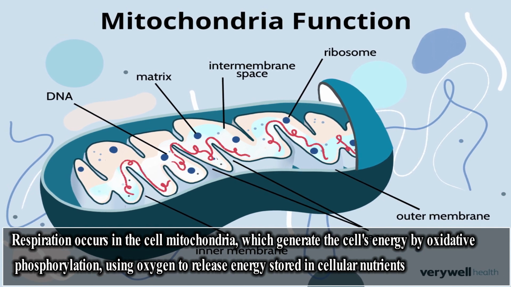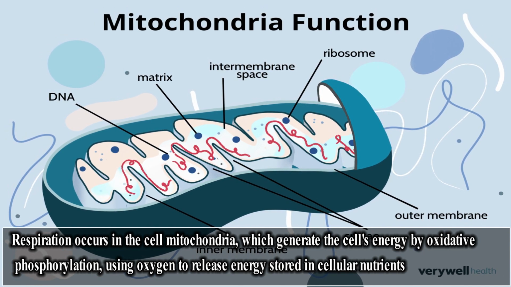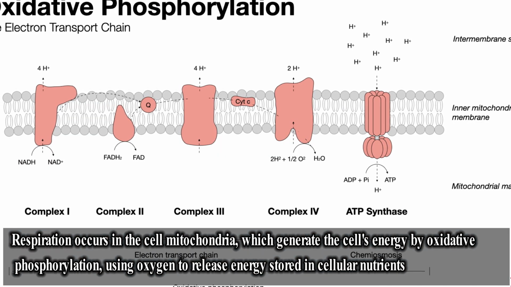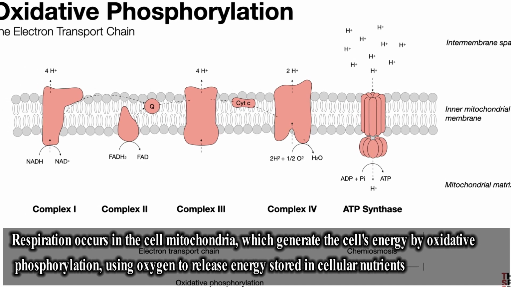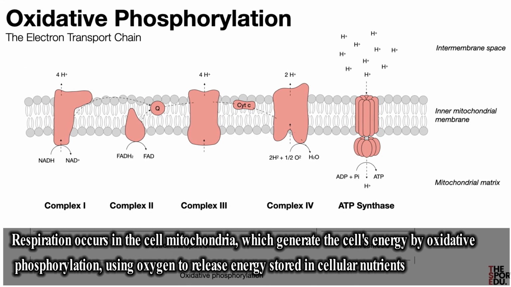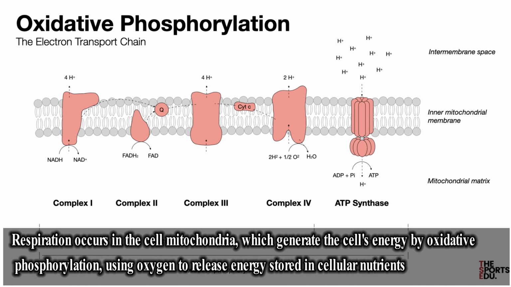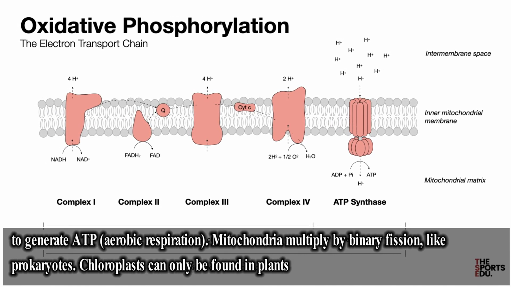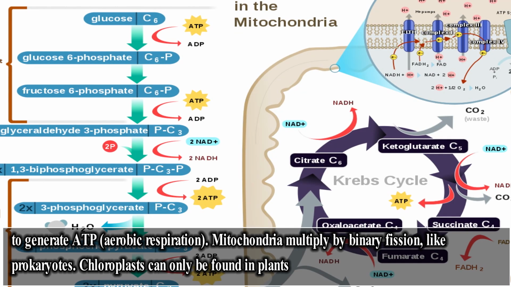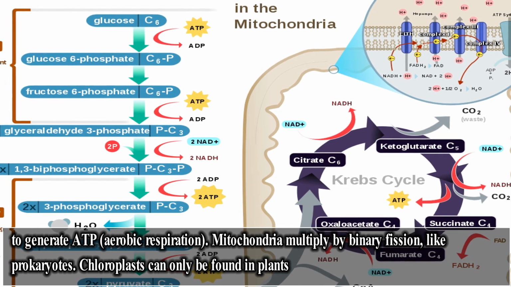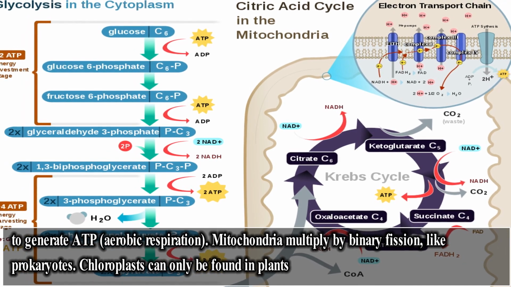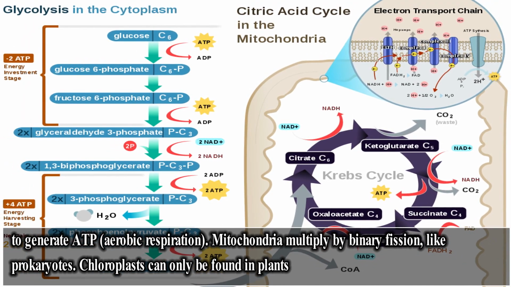Respiration occurs in the cell's mitochondria, which generates the cell's energy through oxidative phosphorylation, using oxygen to release energy stored in cellular nutrients to generate ATP. Mitochondria multiply by binary fission like prokaryotes.